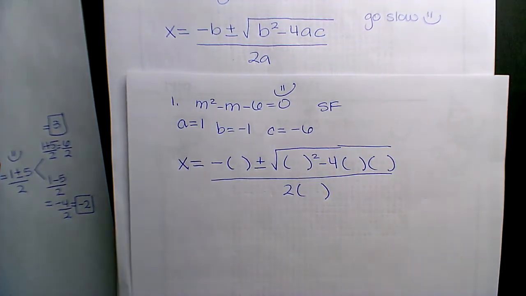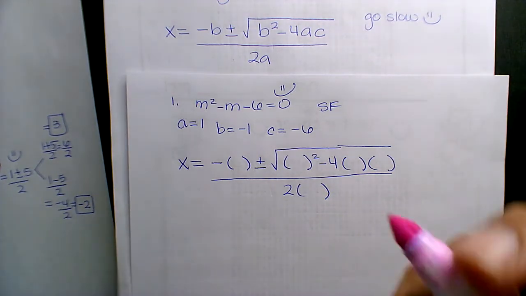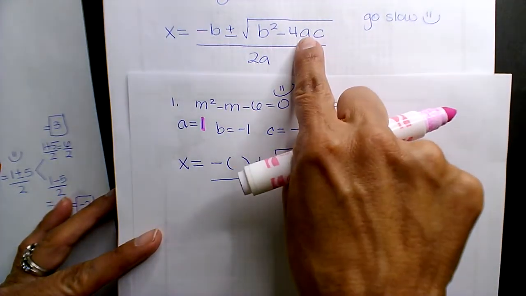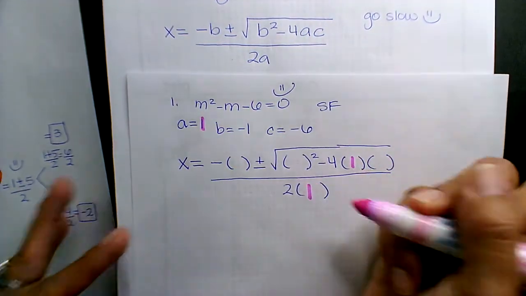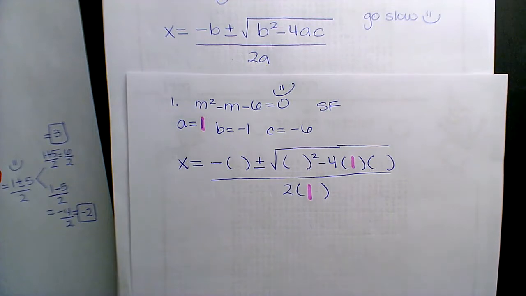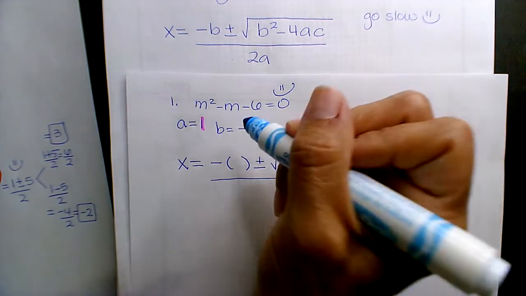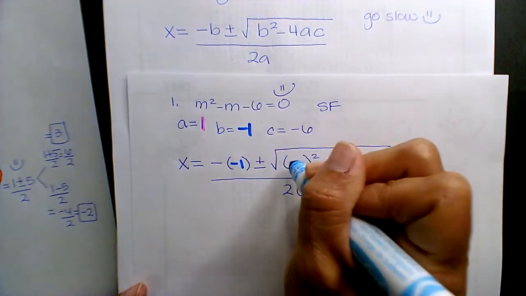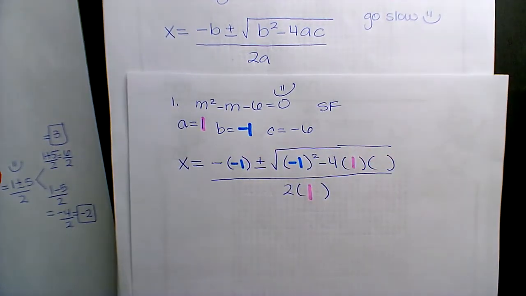Now if I substitute, A is 1, so my A is there and there. So there's my 1. My B value is negative 1, so I place it in those two locations.